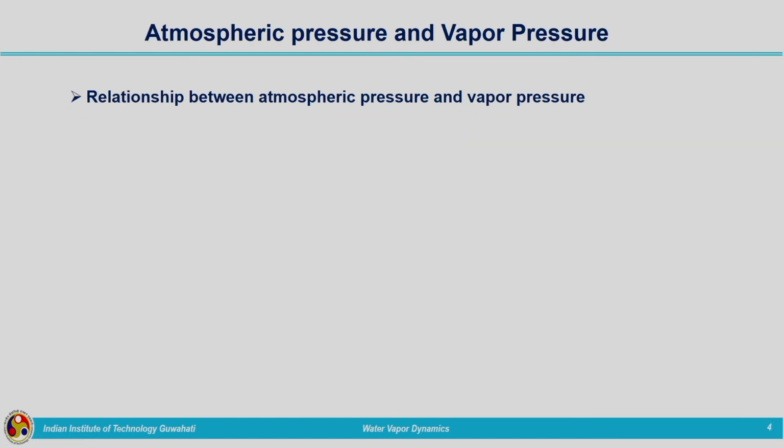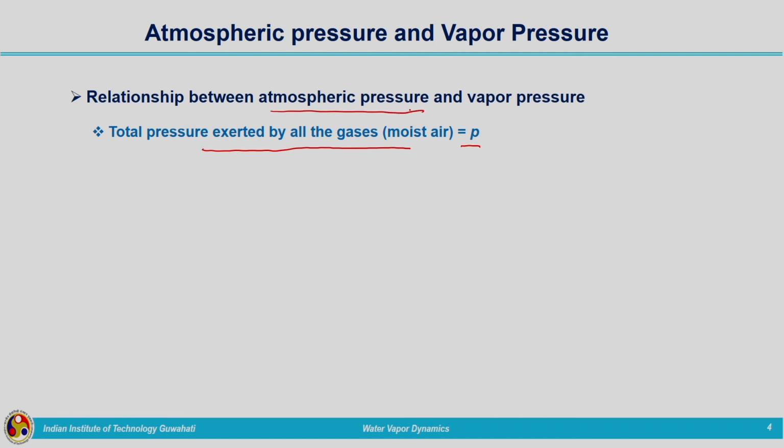Now, we will see the relationship between atmospheric pressure and vapor pressure. That is the total pressure exerted by all the gases present in the atmosphere, represented by P, our atmospheric pressure. The air present in the atmosphere consists of many gases along with the moisture.